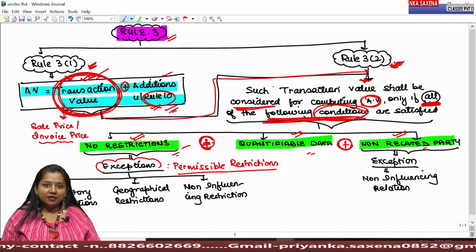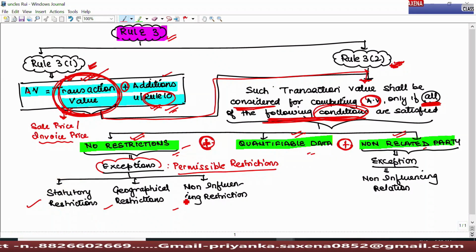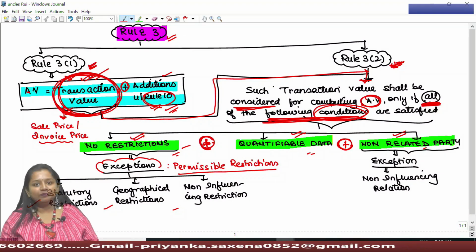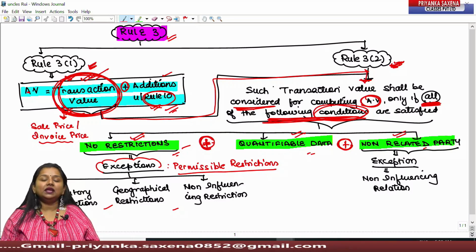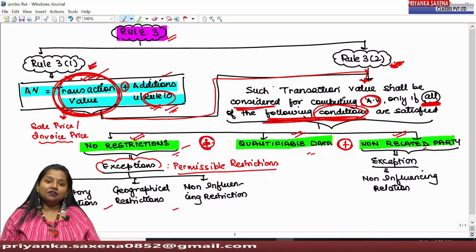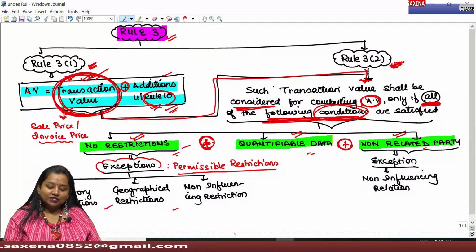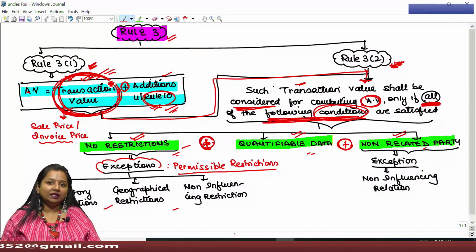Permissible restrictions means there could be certain restrictions which can be imposed by exporter on importer even after the sale of goods, which do not influence the price shown in the invoice as transaction value by the exporter, and therefore, since price has not been manipulated, such transaction value can be considered under rule 3 for determining the assessable value.